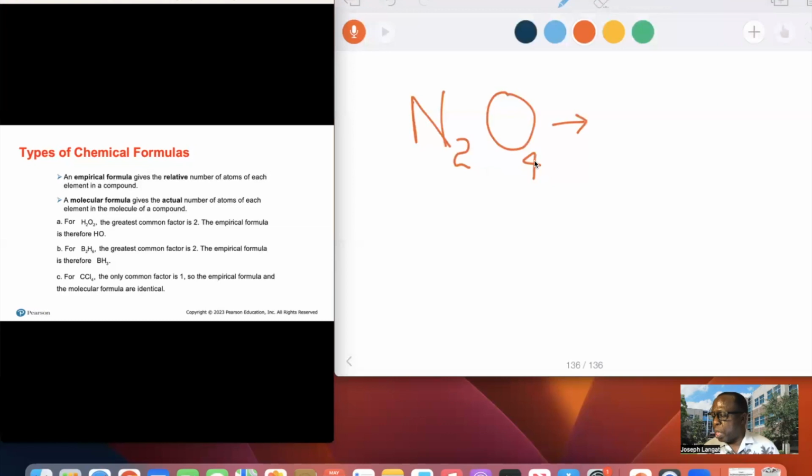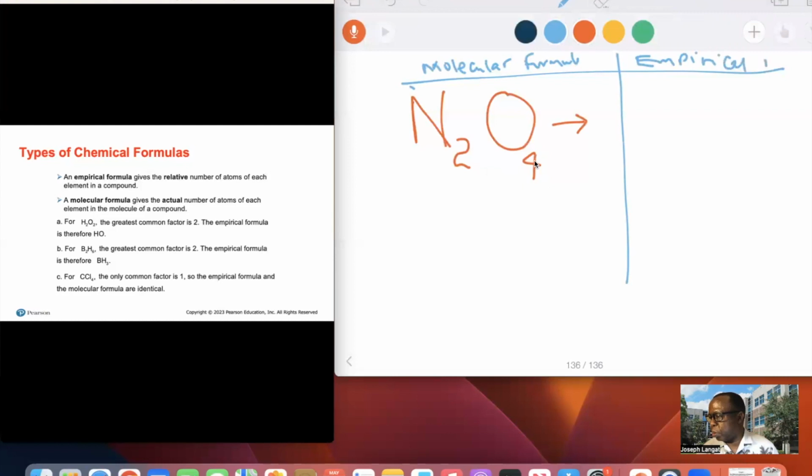This is the molecular formula. And here is the empirical formula, okay? So if you look at here, it's saying relative.